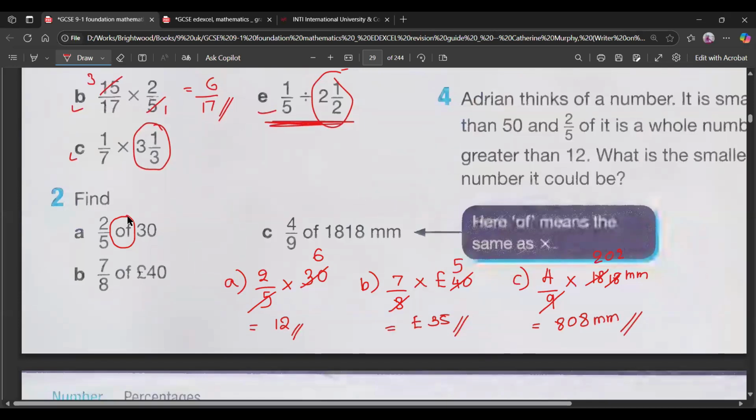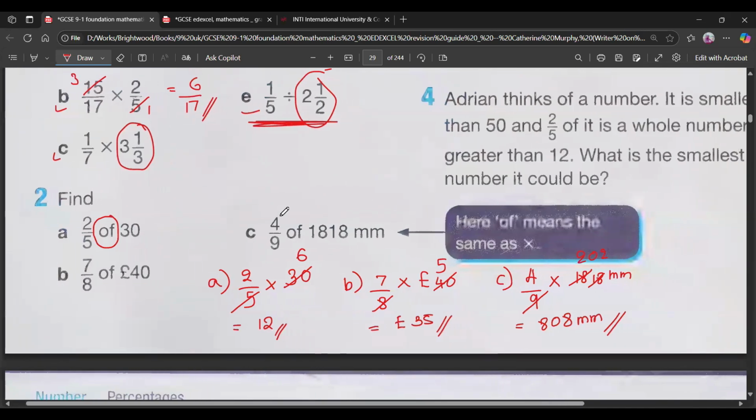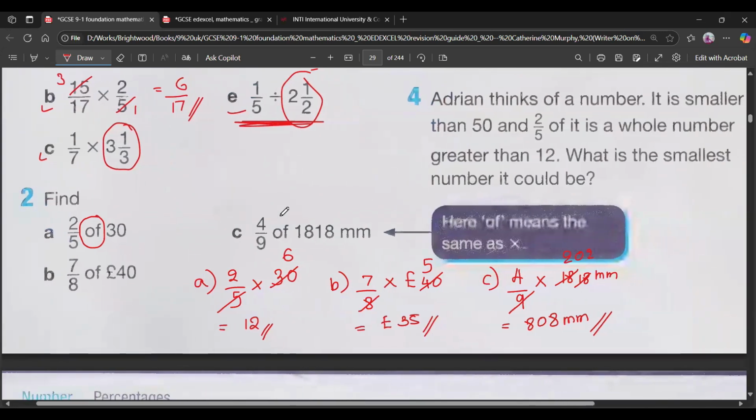Like that and you can write. Is that clear? The important thing, if they are having a word like "of", you can just multiply it.